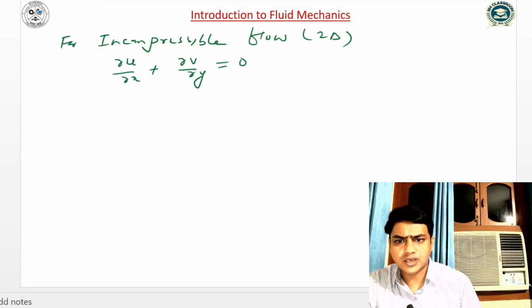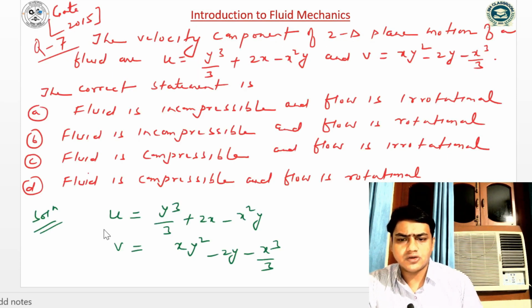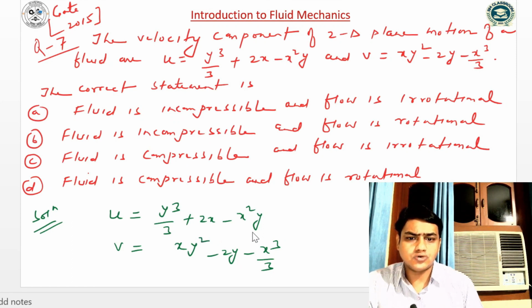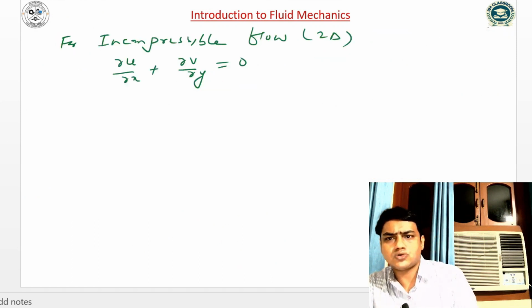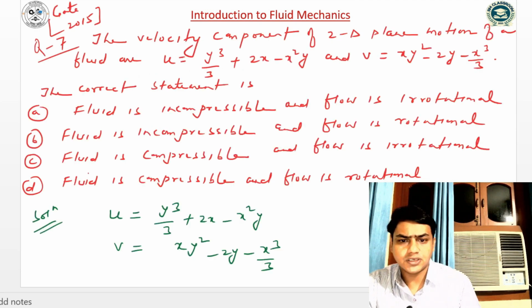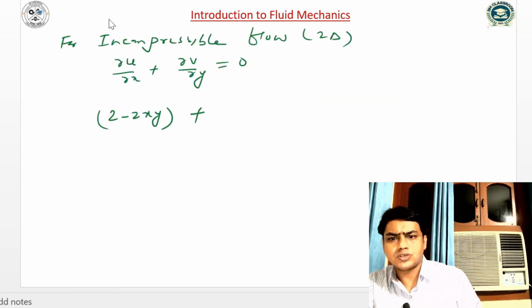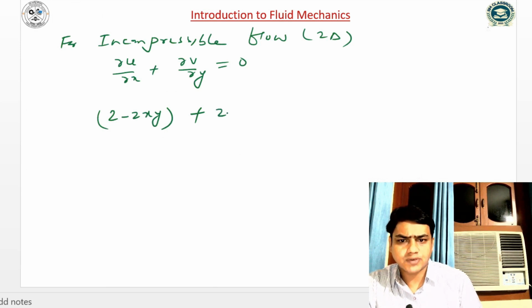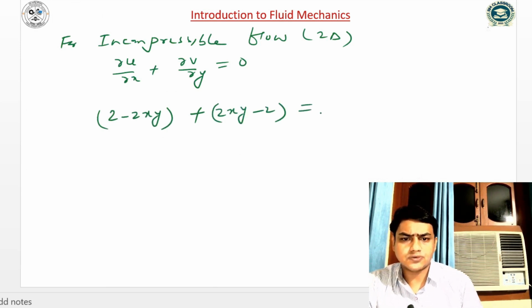Here, del u by del x will be 2 minus 2xy, plus del v by del y, which is 2xy minus 2, and it is equal to 0, which means the flow is incompressible.